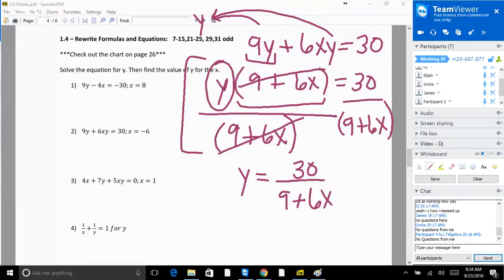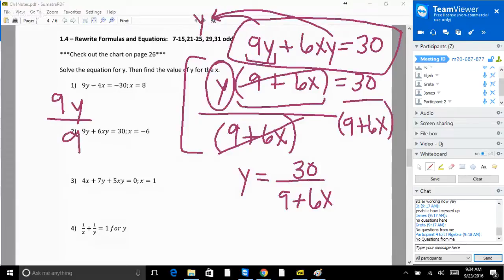So in my first step, I pulled y out. So now I have y times something. Think about it. Before we had 9 times y, right? So to get rid of the 9, we just divide by 9, and that crosses out. Well, instead of having 9 times y, I have 9 plus 6x times y.